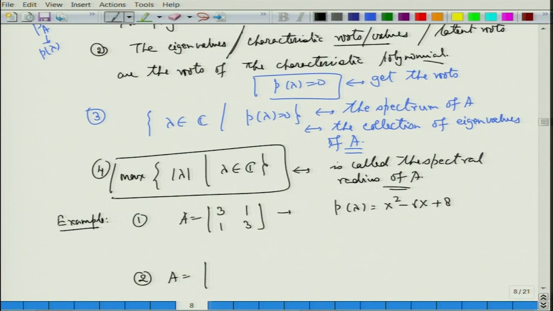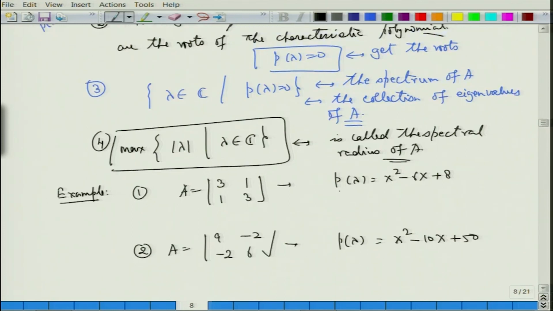It was 9 minus 2 minus 2 6, and for this P lambda was x square minus 10x plus 50. Fine. So look at this, the roots of this were 2 and 4. Fine. So therefore a spectrum here is 2 comma 4.